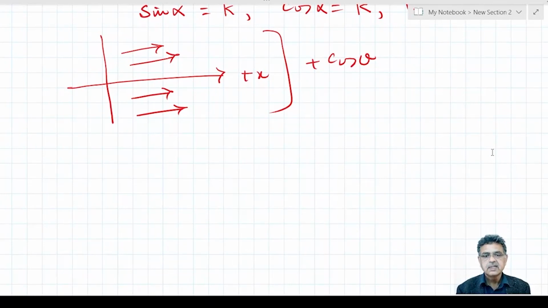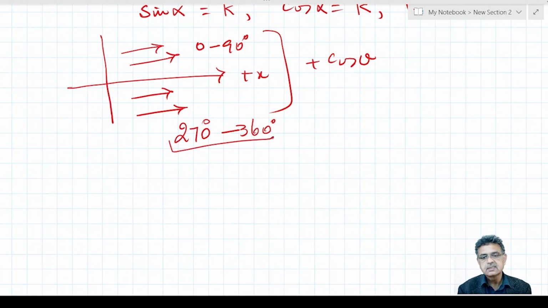What is the range of angle for the first quadrant? This is 0 to 90 degrees, and this one is 270 to 360 degrees. So if the angle is in these ranges, then cos theta is positive, and if there is a negative angle falling in this quadrant or this quadrant, even then it will be positive.